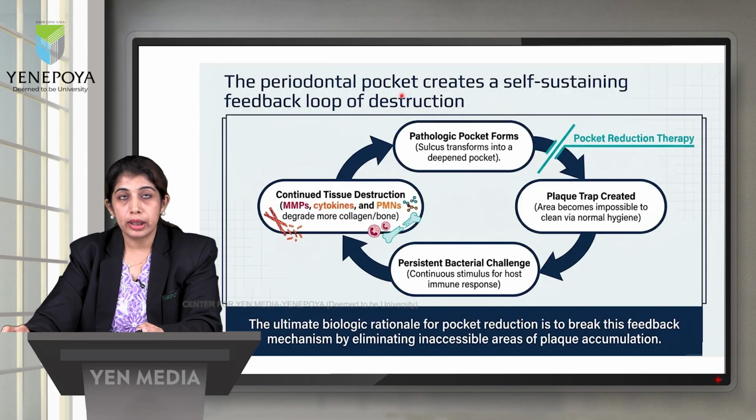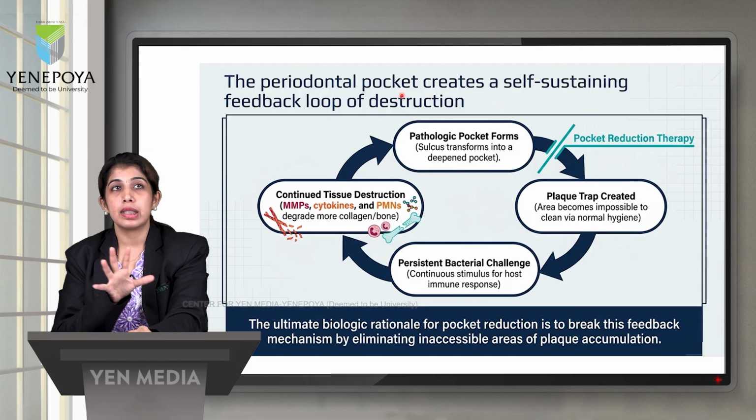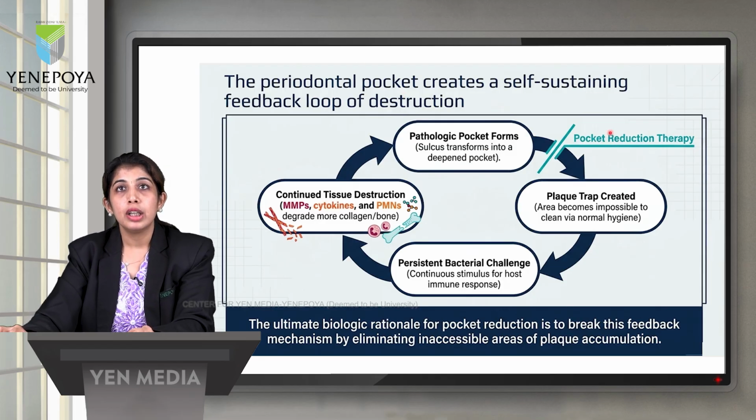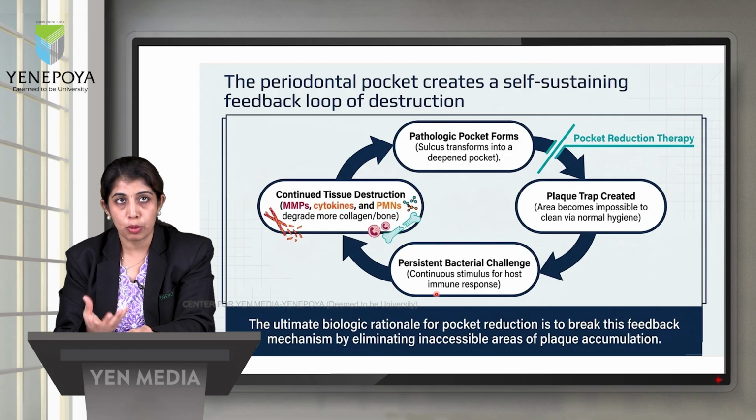So the periodontal pocket is basically creating a self-sustaining feedback loop. Okay, so there is a pocket formation. If you do not do pocket reduction therapy, a plaque trap is created. That area becomes impossible for normal oral hygiene procedures. So there is a continuous bacterial challenge which will continuously stimulate our host for an immune response.